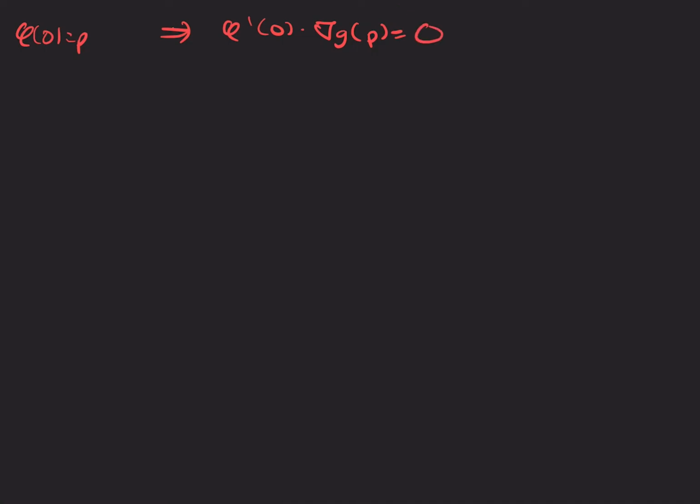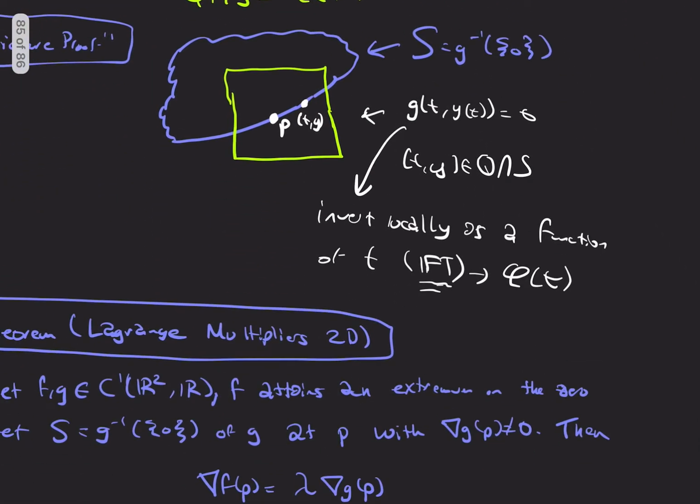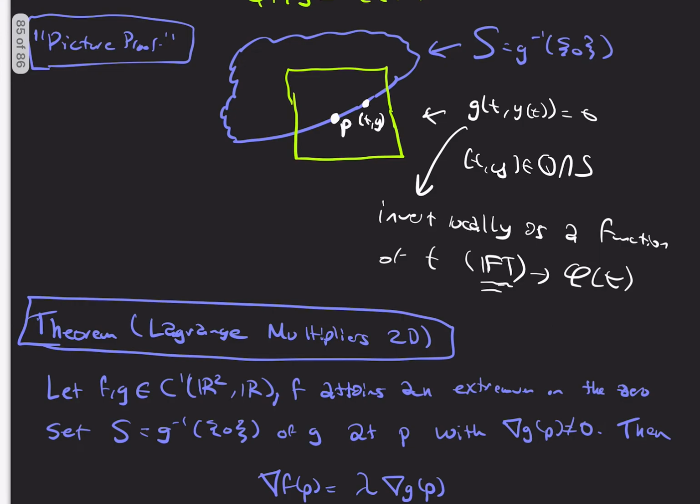Also, consider h of t is f of phi of t. So this h of t is basically saying, I have this parameterization phi of t of the curve, so I can look at this one-dimensional function.